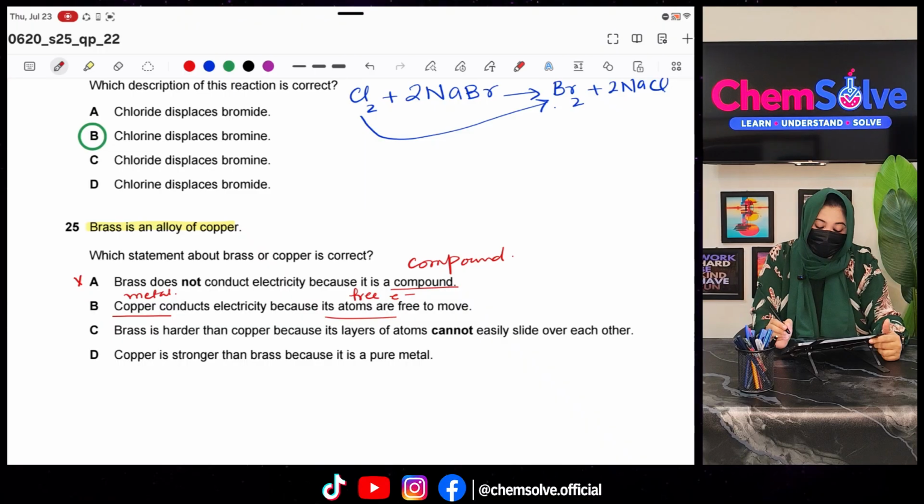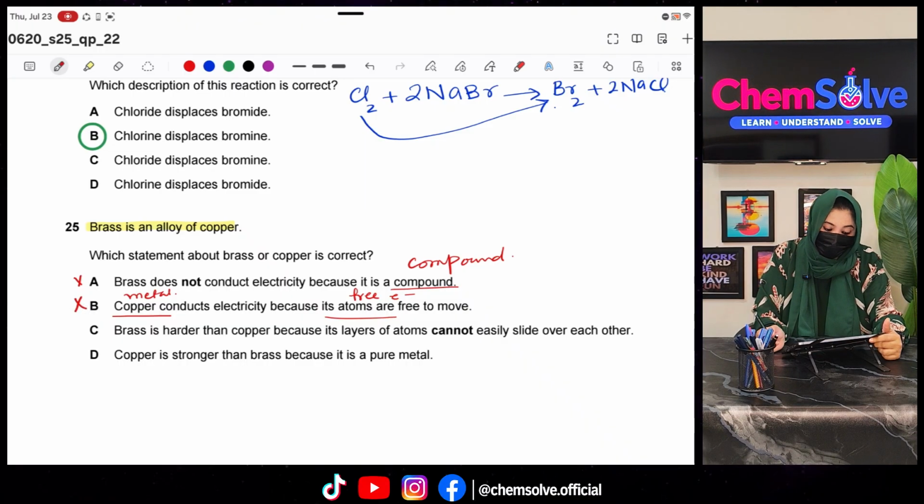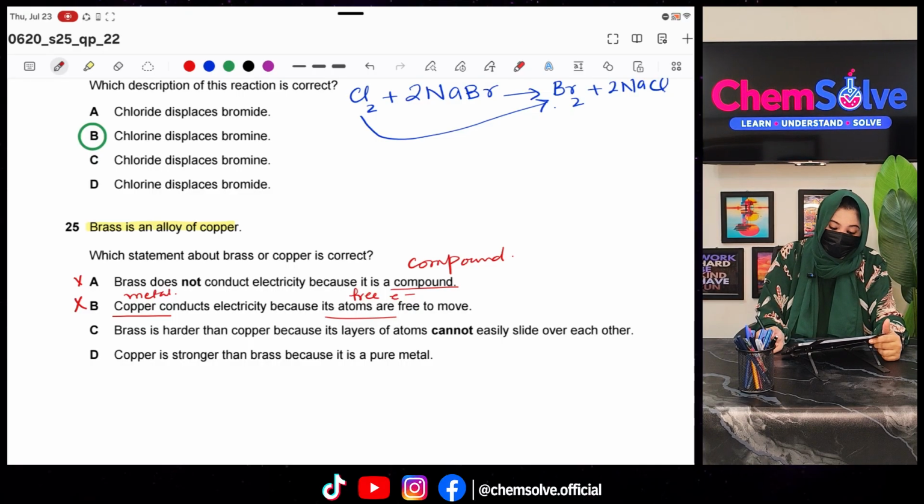In metal, the conductivity is due to the free electrons. So B is also the incorrect option. Brass is harder than copper because its layer of the atom cannot easily slide over each other. Yes, this is the correct option. Copper is stronger than brass because it's a pure metal. No, metals are malleable and ductile.